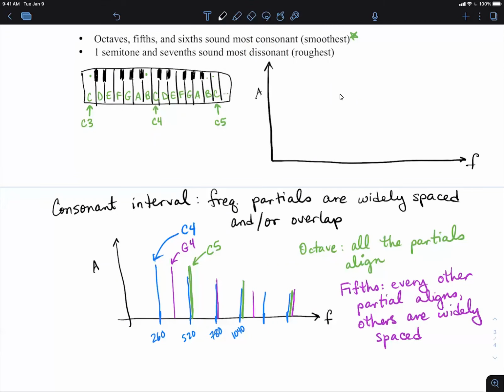Dissonance occurs when the partials of the different notes, including the fundamental, are close. What do I mean by that? I mean that they lie within a critical band, which produces that roughness that we talked about when we talked about hearing.